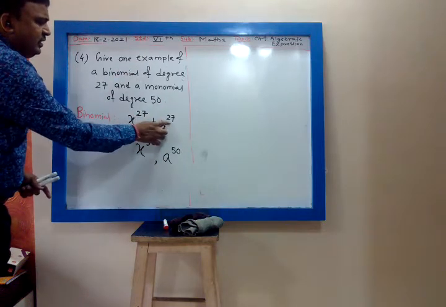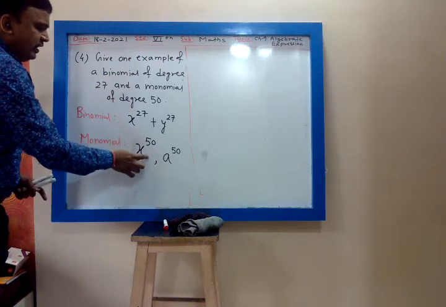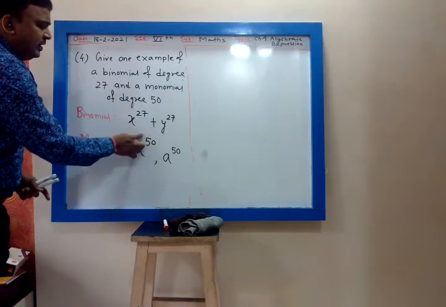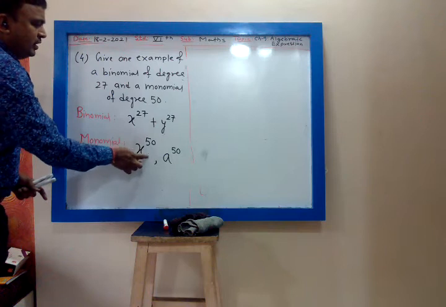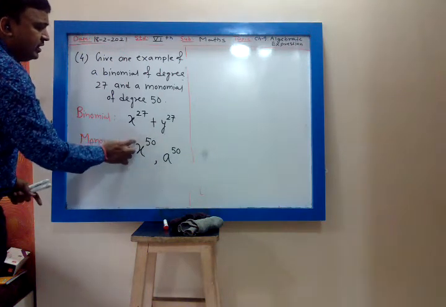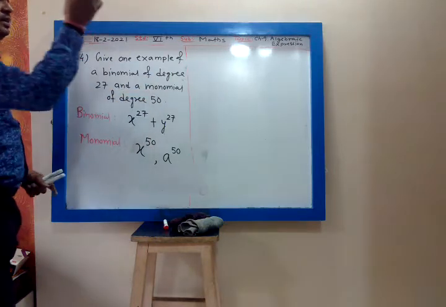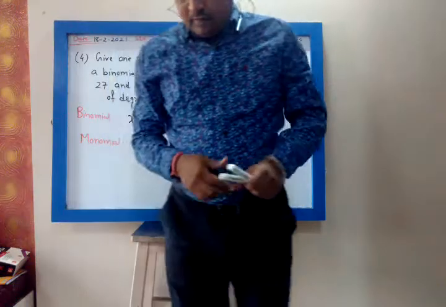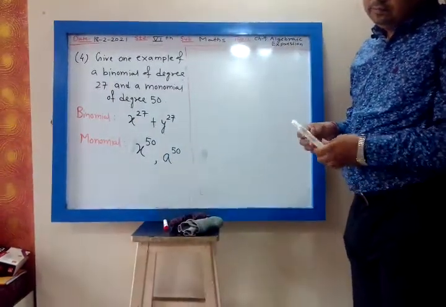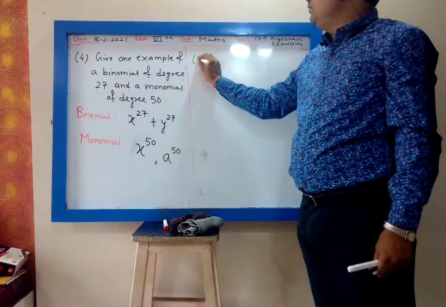So 27, degree of this binomial is 27. Then what is x raised to 50? What is the power? 50. So monomial. 1 term, monomial. What is the power? 50. So degree of monomial is 50. Is it clear? X raised to 50.